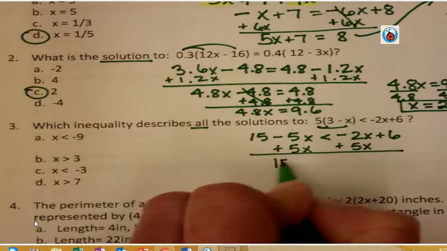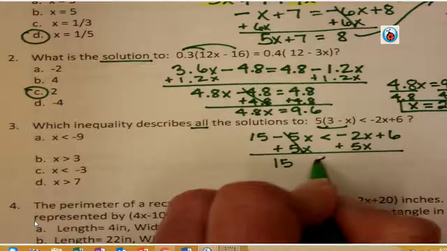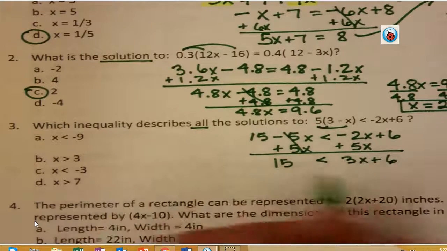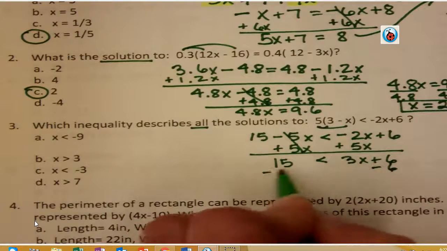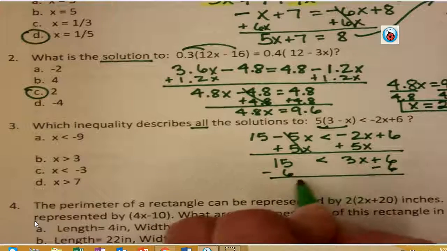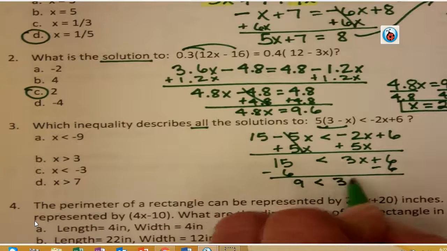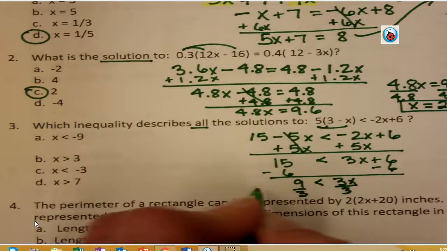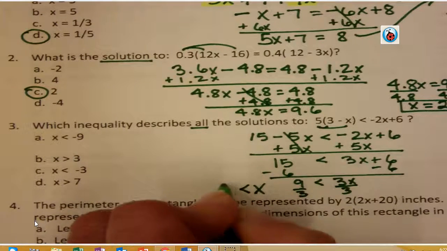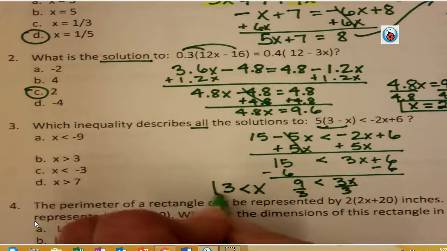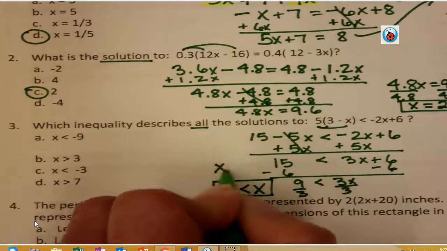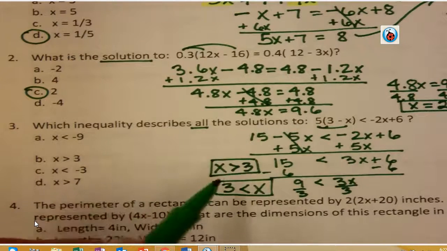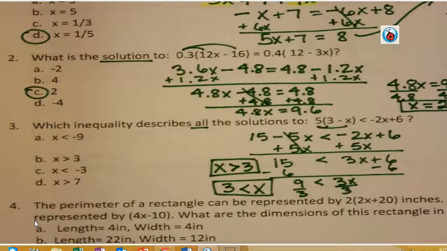I get 15 on this side. These two cancel out. I get 3x plus 6. I'm going to subtract 6 from both sides. I get 9 less than 3x. And when I divide by 3, I'm going to get 3 less than x, or x greater than 3. I can write it either way as long as the greater than stays facing x the same way.